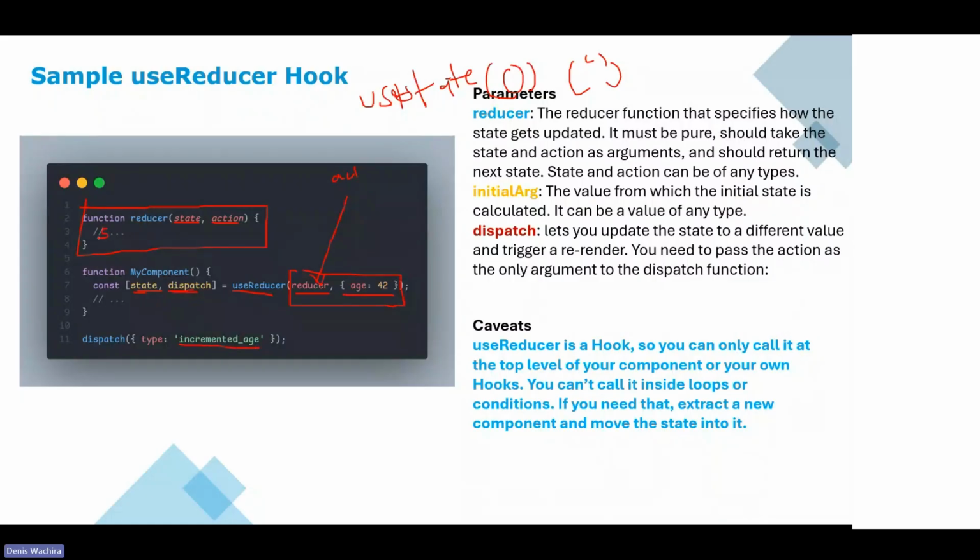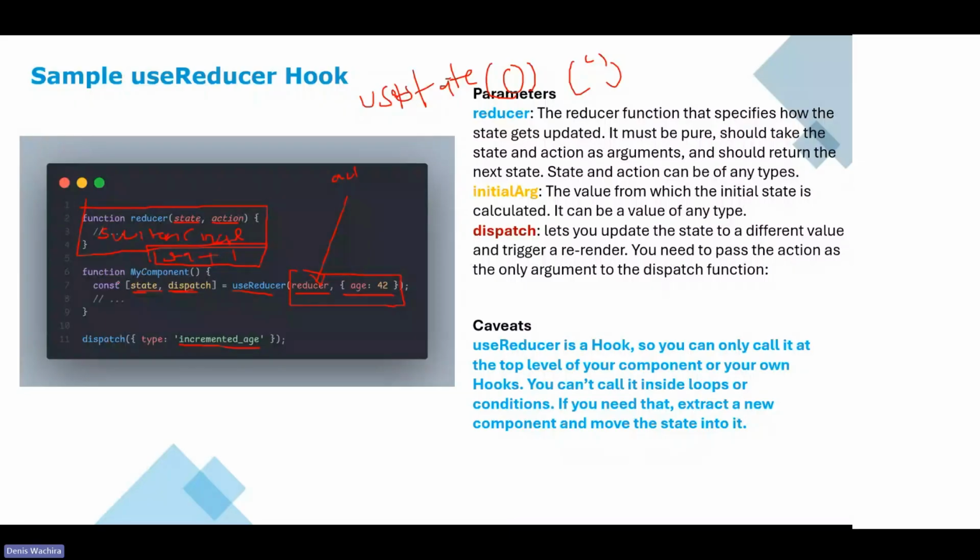You will use the switch statement here. You check the first case, maybe increment. If the dispatch function is dispatching an increment, that is where you do the functionality of taking your state and adding one to that state.